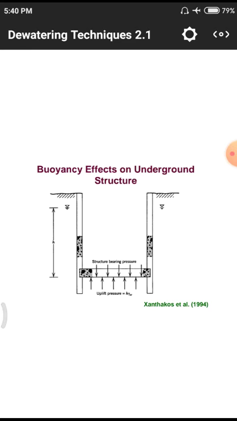They have to bear huge shear forces, so to bear those moving loads and shear loads on a particular structure, they use deep foundations in the form of pile foundations.